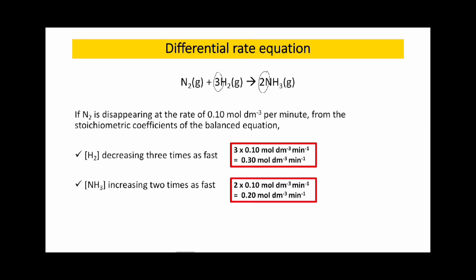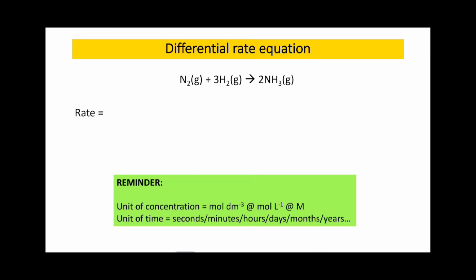That is 0.3 mole per dm cube per minute, while the concentration of ammonia is increasing 2 times as fast. That is 0.2 mole per dm cube per minute.